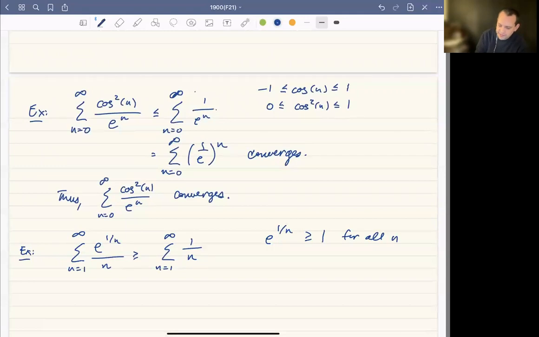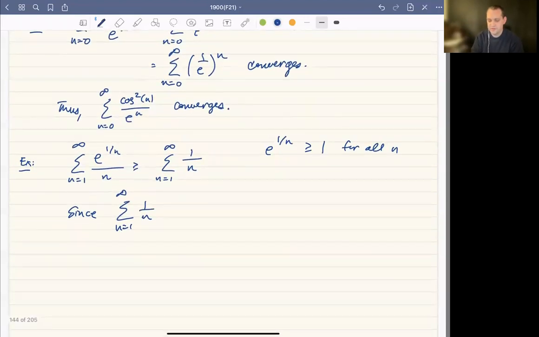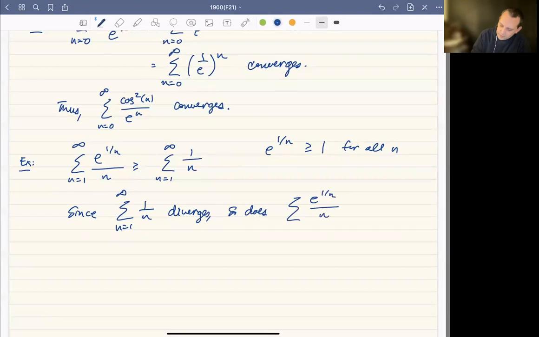And since this series on the right side of the inequality diverges, it's the harmonic series. We've seen in many contexts that this diverges. We've given actually, I think, 3 different arguments that this diverges now. So since this series diverges, so does the larger sum, the sum of e to the 1 over n over n.